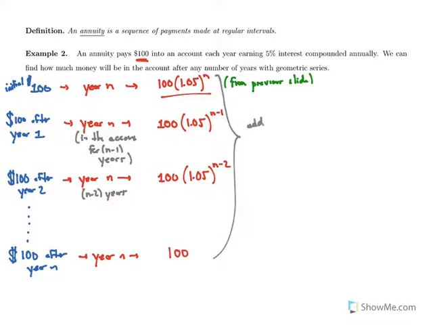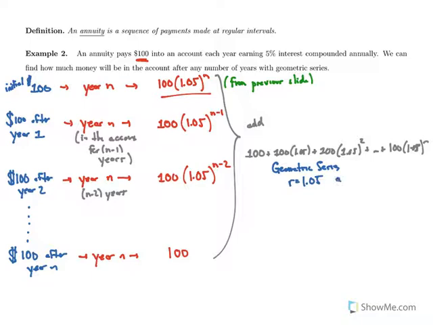We can write this as 100 plus 100 times 1.05 plus 100 times 1.05 squared, all the way to 100 times 1.05 to the N. And that is a geometric series with R equal to 1.05, A equal to 100, and there are N plus 1 terms.